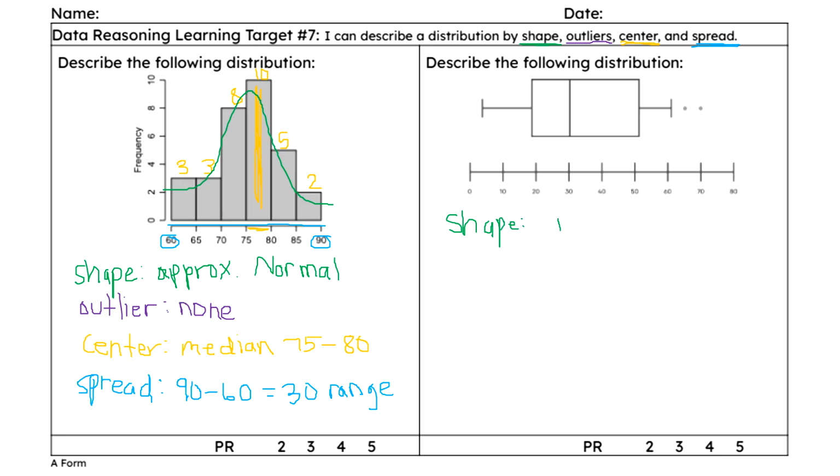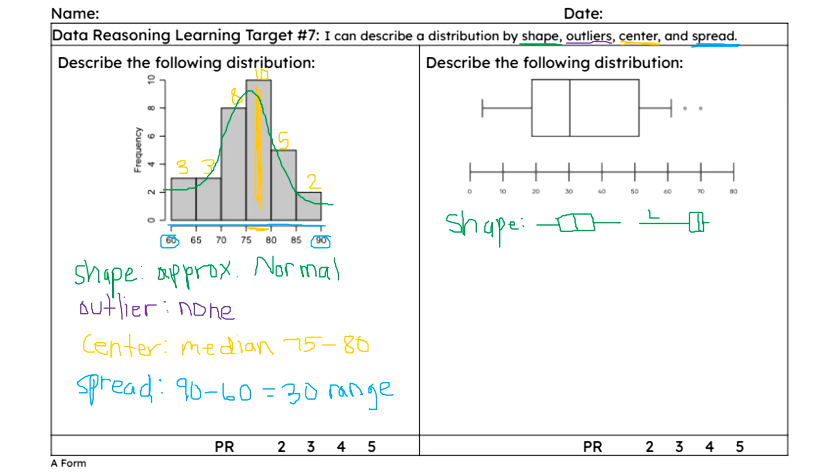So if it's approximately normal, you're going to see something like this, where it's very symmetrical, right? Like this. If you have a strong skew, then you might see a very long whisker. You're going to see a more compacted box, and you may or may not even see a whisker on this side, something like that. This is skewed to the left because you've got that tail pulling out to the left.